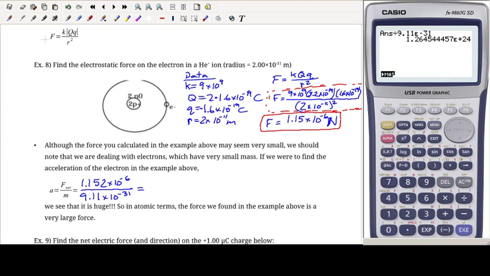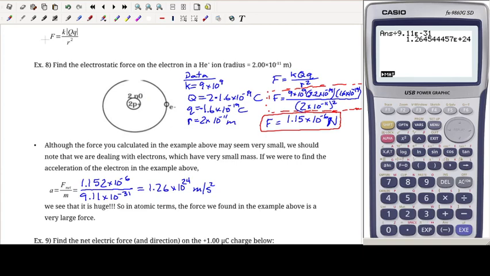Going to be tiny. This gives me a whopping acceleration of 1.26 times 10 to the 24 meters per second squared. That is huge. So on the atomic scale, 1.15 times 10 to the negative 6 newtons is actually a pretty big force. So we see it's huge in atomic terms.